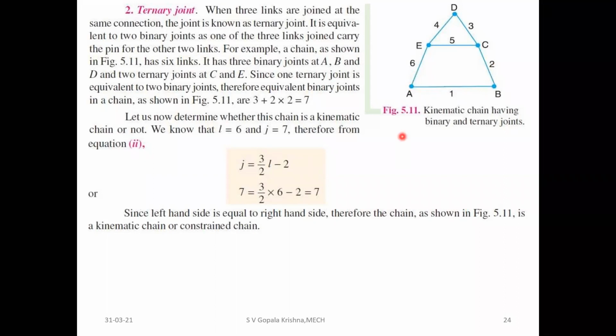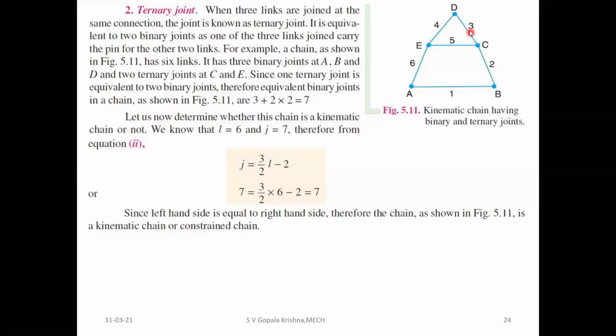Now you calculate the number of binary joints and the number of ternary joints. So here, how many binary joints are there? Anyone could tell? D, B, and A, sir.